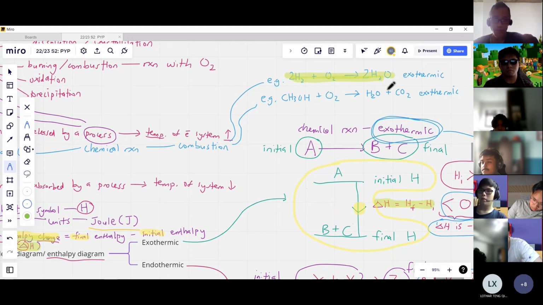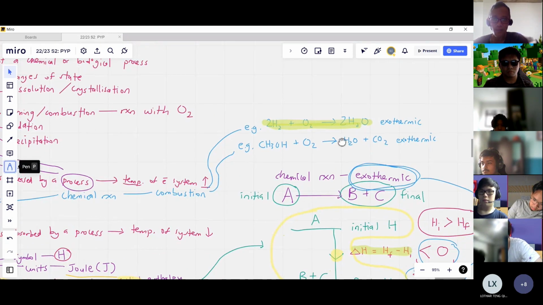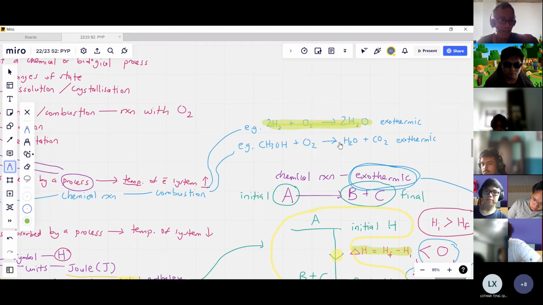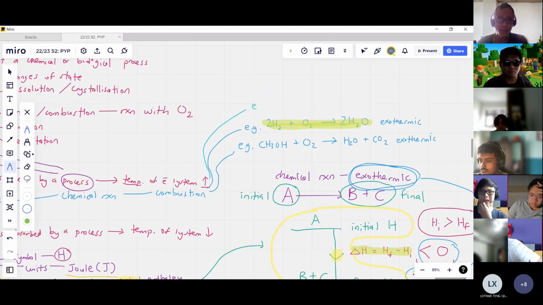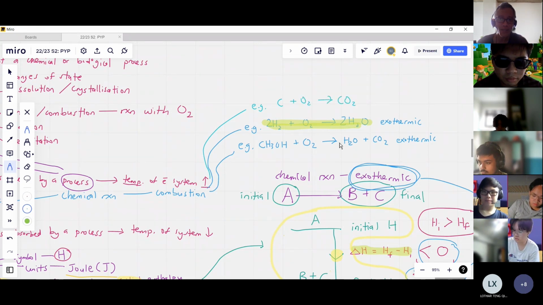Maybe I'll just give you one last example of combustion. Of course, as always, I'm not writing all this for fun, because you really may meet these reactions. One more example. Carbon, you know what carbon is?